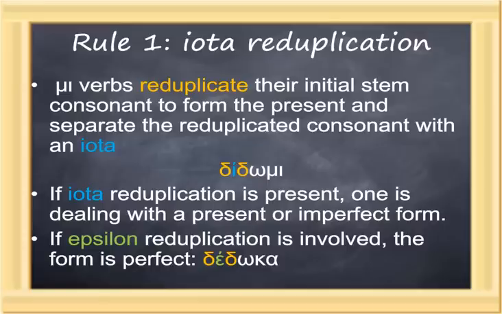So if iota reduplication is present, one is either dealing with a present tense or an imperfect tense, since both are built off the present tense stem and would have iota reduplication. If epsilon reduplication is present, then one is dealing with a perfect tense, not a present tense. So rule number 1 is iota reduplication.